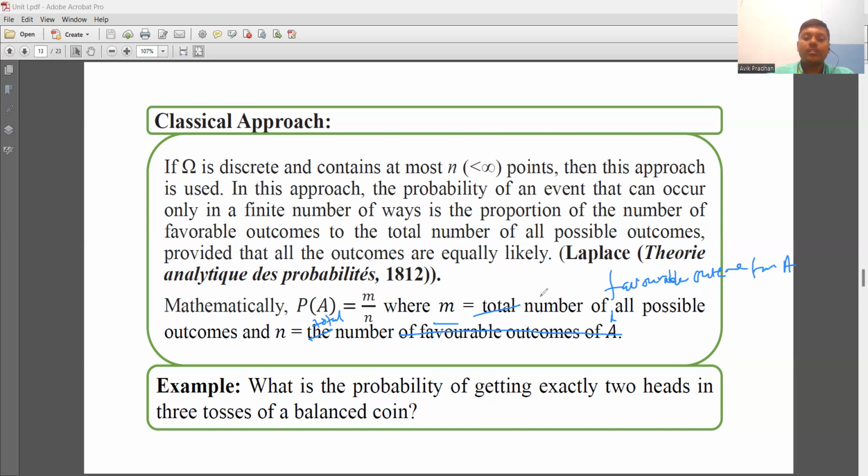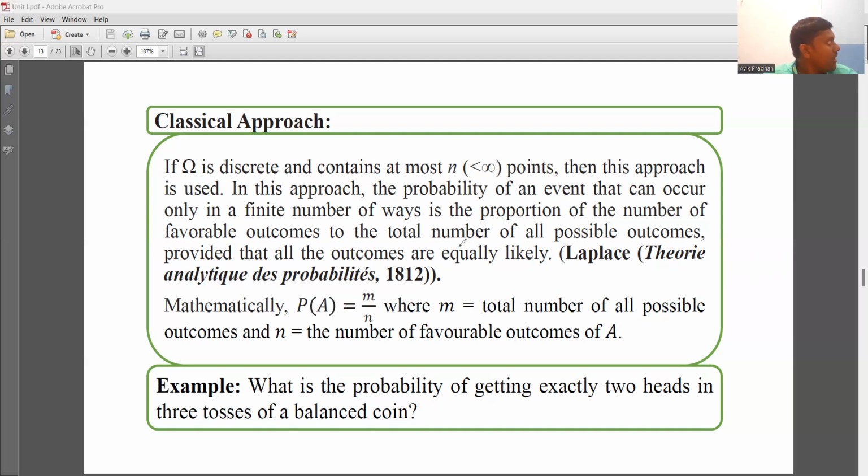So let us try to understand this by using an example. What is the probability of getting exactly 2 heads in 3 tosses of a balanced coin?